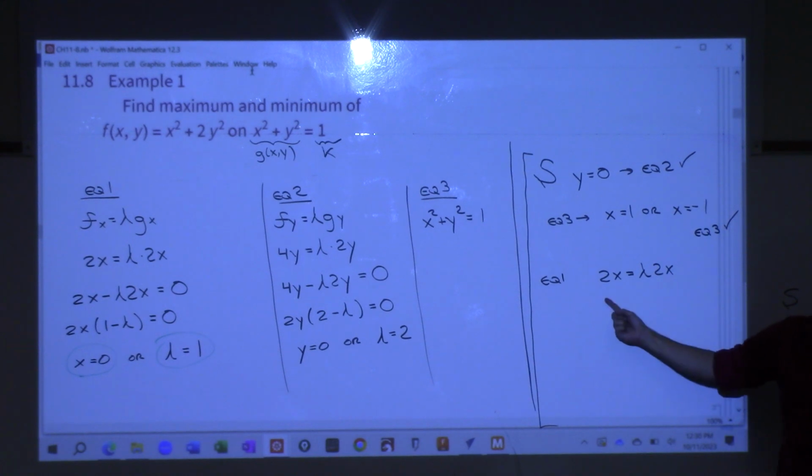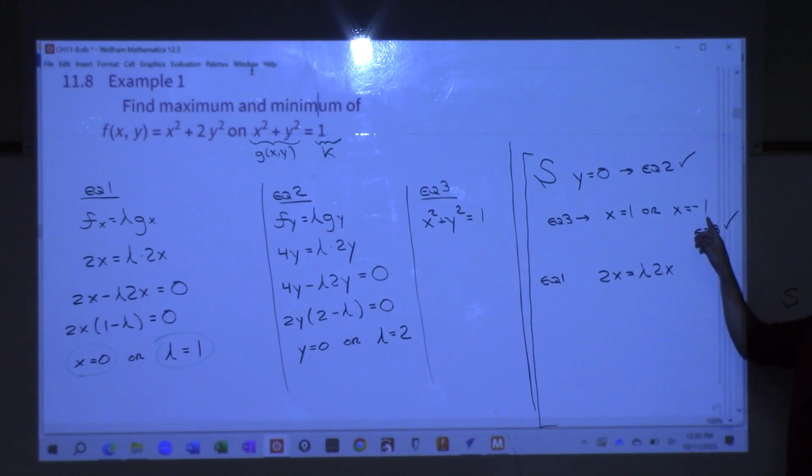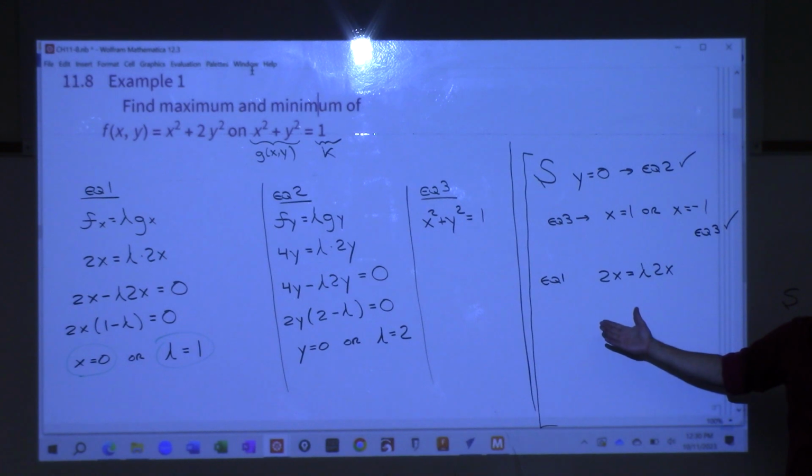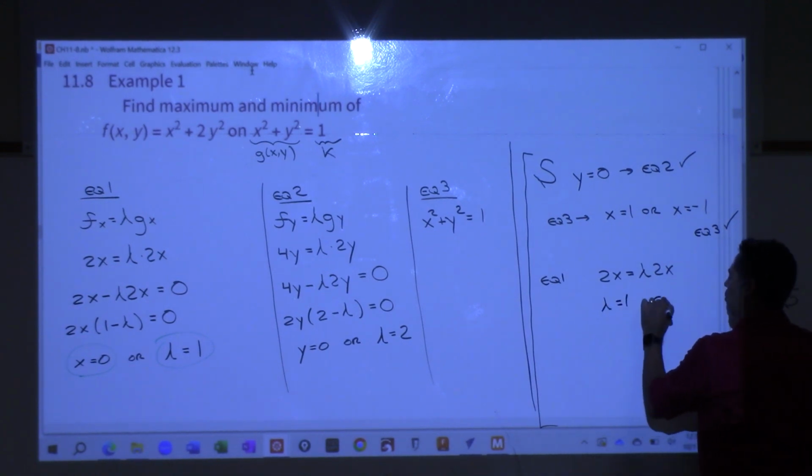So I can divide because it's not going to be 0. Do you see that? So I actually can divide by 2x at this point. Or just replace both x's with 1. If you do that, you get lambda's 1. Replace both x's with negative 1, you get lambda's 1 as well. Either way, the result here is that lambda's 1. So equation 1 is satisfied.